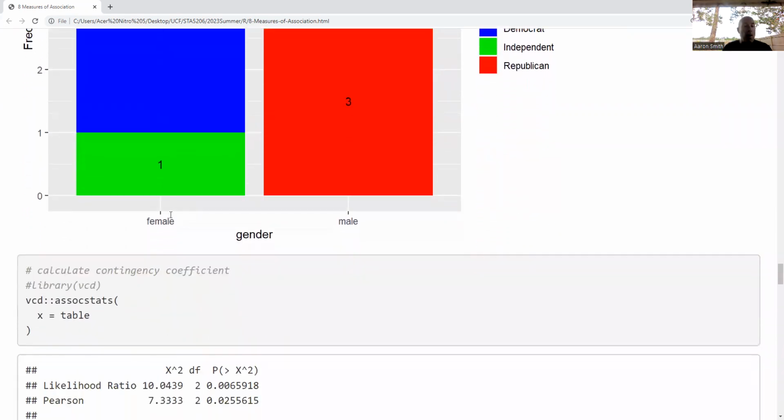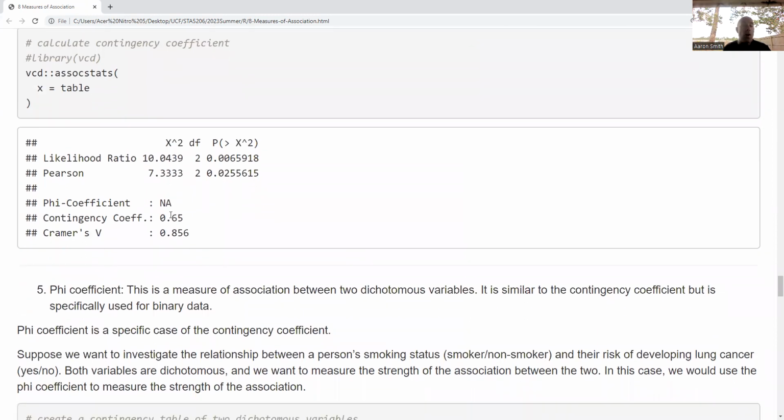So now let's go ahead and calculate the contingency coefficient. All right, so my internet research is that the best way to approach this is to use the VCD package, association stats. And so here we can get our contingency coefficient of 0.65. Here's Cramer's V, which we will talk about in a moment, of 0.86. And so here, this is Pearson's chi-squared test statistic.